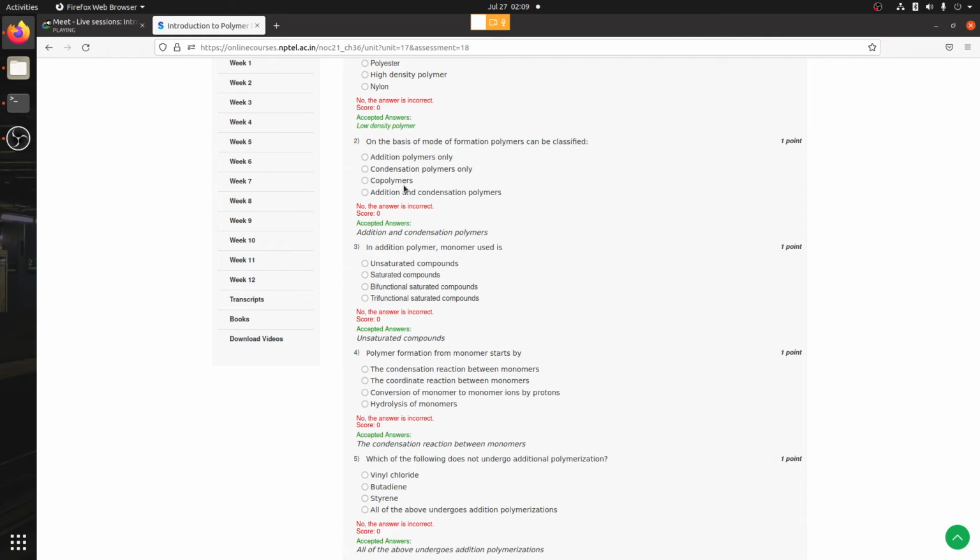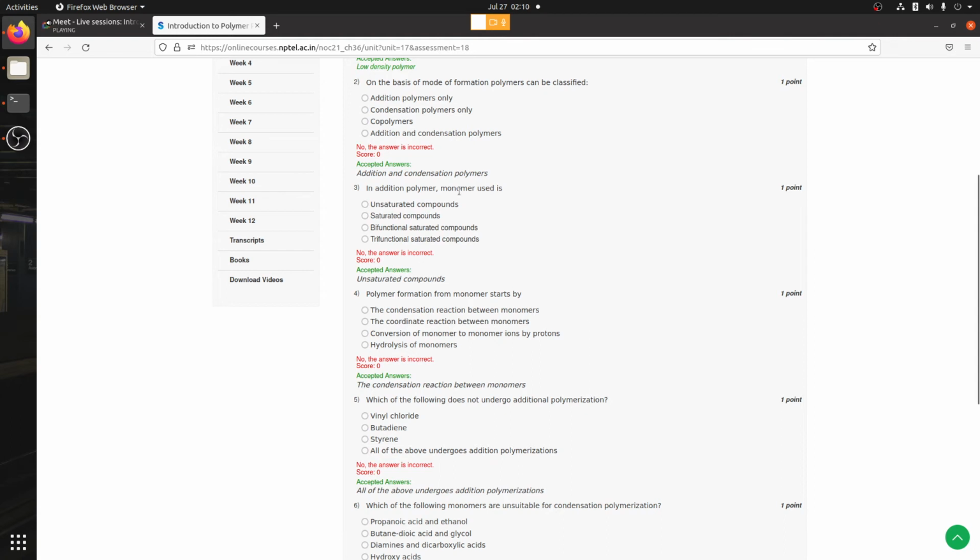Or it can be like a block of A, then a block of B. Due to the two different kinds of monomers present in this kind of polymer, it is called copolymer. But really this classification is not based on the formation. This is based on the type of monomers present in the polymers. So we are considering only the mode of formation, right? So addition polymers obviously yes, condensation polymers yes, both of them yes. So obviously the choice is the last option.